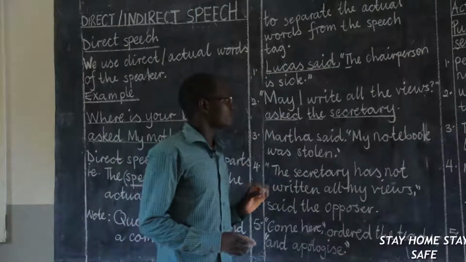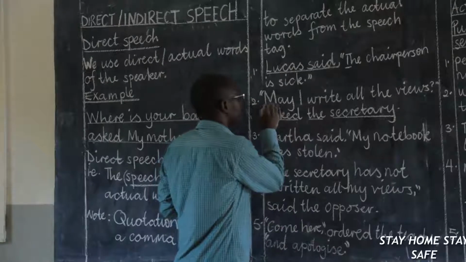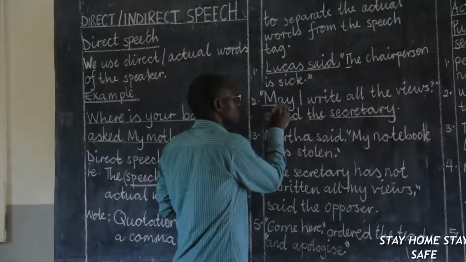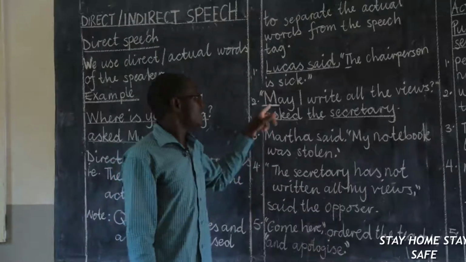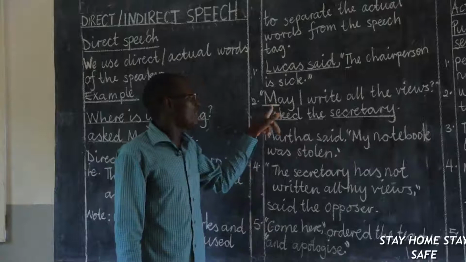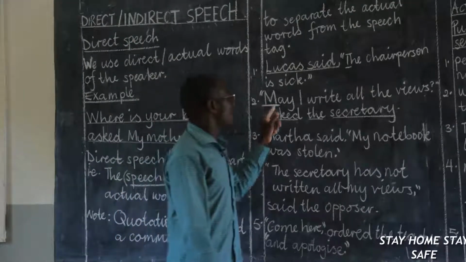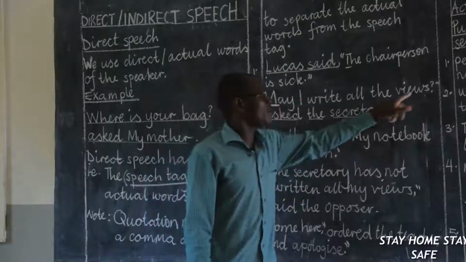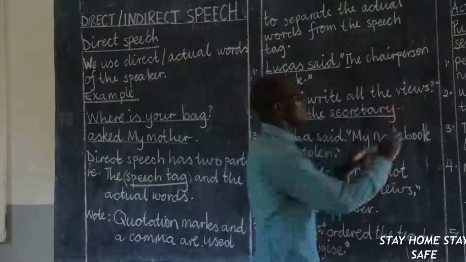Then write what the secretary said, beginning with a capital letter, because the rules of a sentence tell us that when you're opening a sentence, there begins a capital letter. Since this is a question, may I write all the views? Our sentence must end in a question mark.